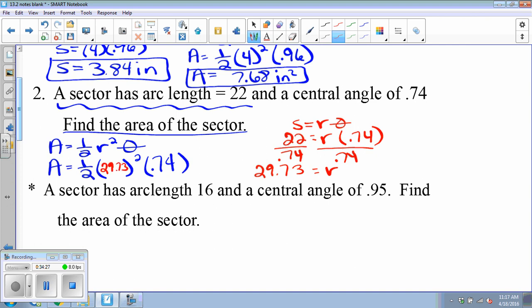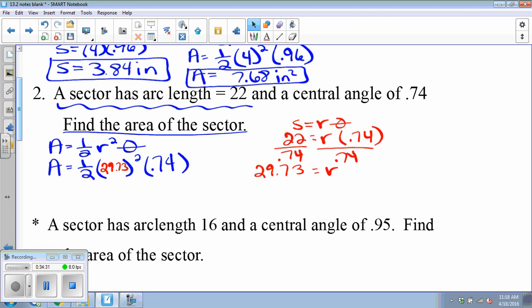29.73 squared. So I plug that in, and you should get area equals 327.03.